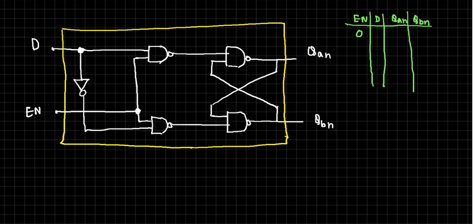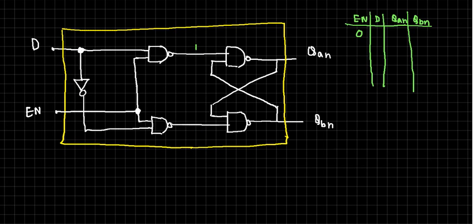For both of these NAND gates, one of the inputs is always 0, so the output of a NAND gate is always 1, right? So the output is always 1 here, and the previous state will be maintained.